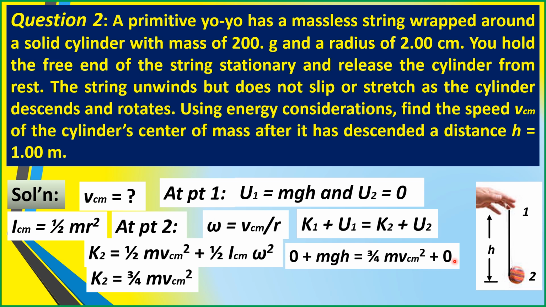So we come up with a working equation for determining the linear speed or velocity of the center of mass of the yo-yo, being equal to the square root of 4/3 multiplied by the acceleration due to gravity and the height h. In a short while, we're going to calculate this speed v sub cm.